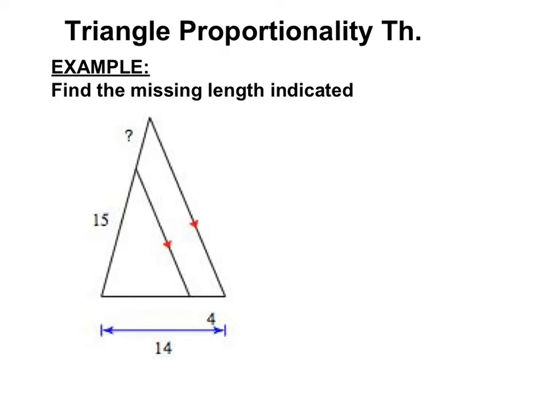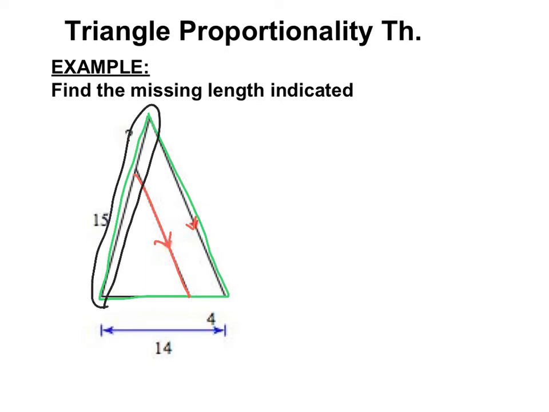We can notice that we have parallel lines and a triangle, so this parallel line is parallel to one side of the triangle, which means that it slices these sides into proportional parts. And since we have proportional parts, we can set up a proportion.